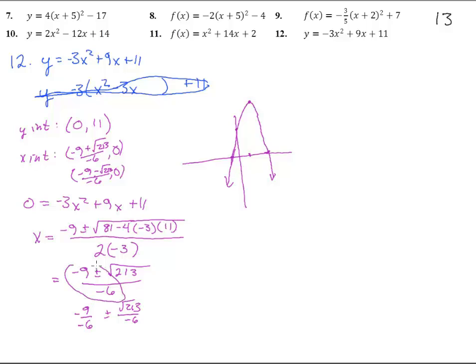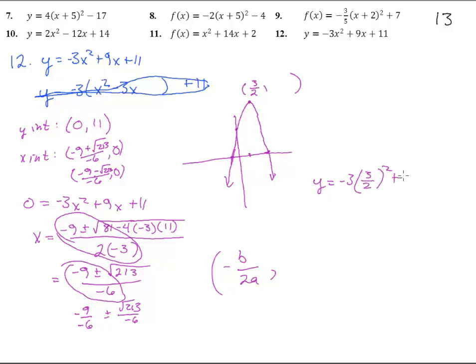Now let's look at this. This right here, some of you will like the formula negative b over 2a. It's just the front piece of the quadratic formula that will give you the vertex. So that's going to be 3/2. And when we stick it in, we get y equals negative 3 times 3/2 squared plus 9 times 3/2 plus 11.